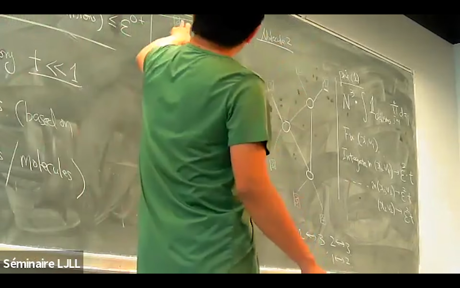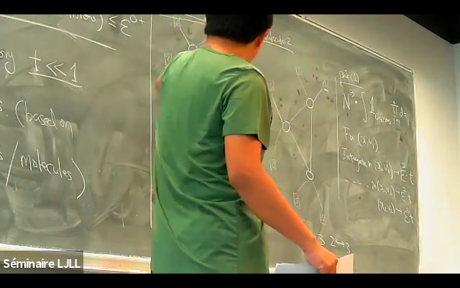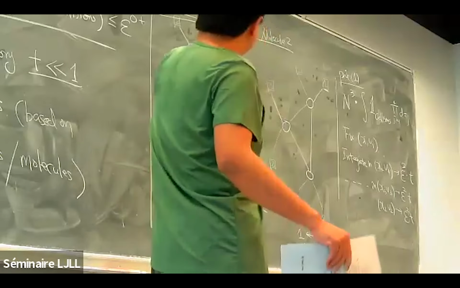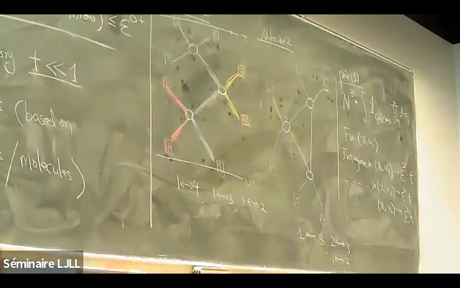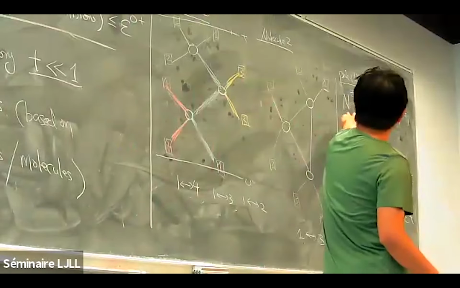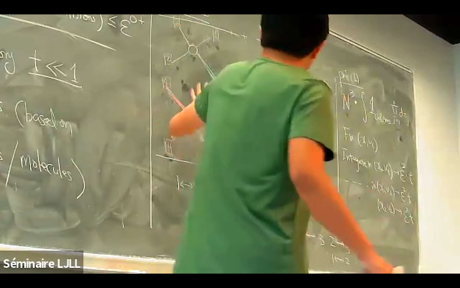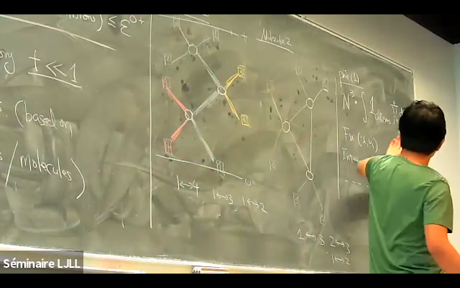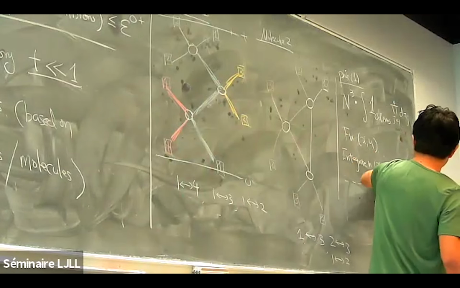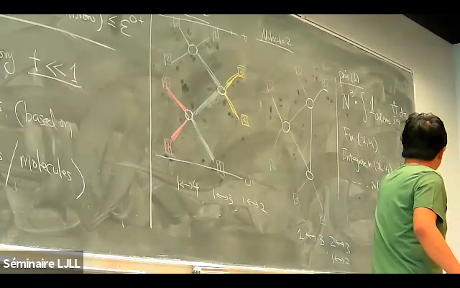So let's say there are particles 2, 3, 4 that collide, indirectly collide with number 1 and form this diagram. Then the probability that this happens is this n cubed, because each of these particles 2, 3, 4 can be arbitrary, times this integral, and this integral is evaluated by first integrating x4 v4 and then x3 v3 and then x2 v2, and then you get this.